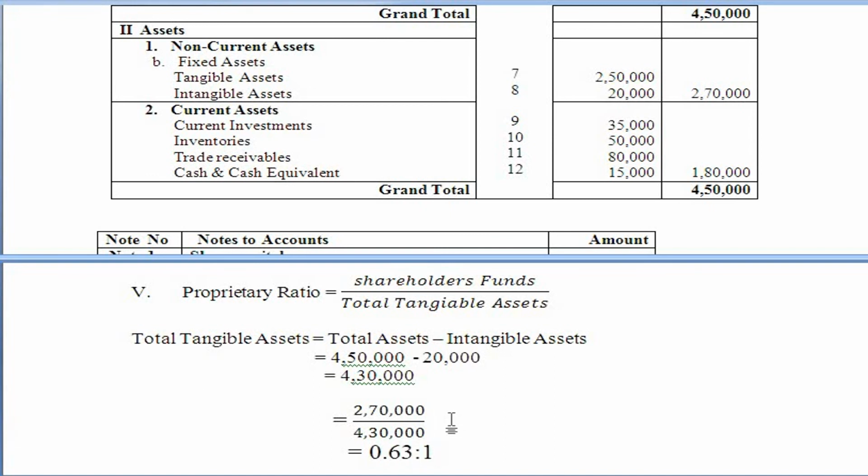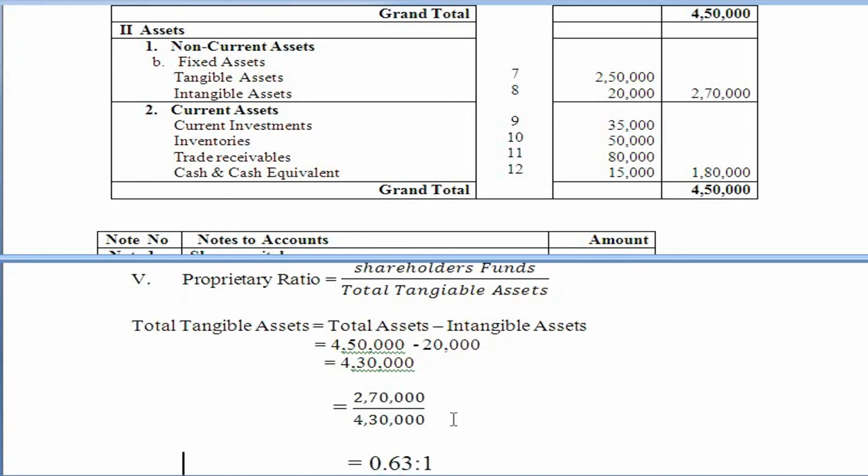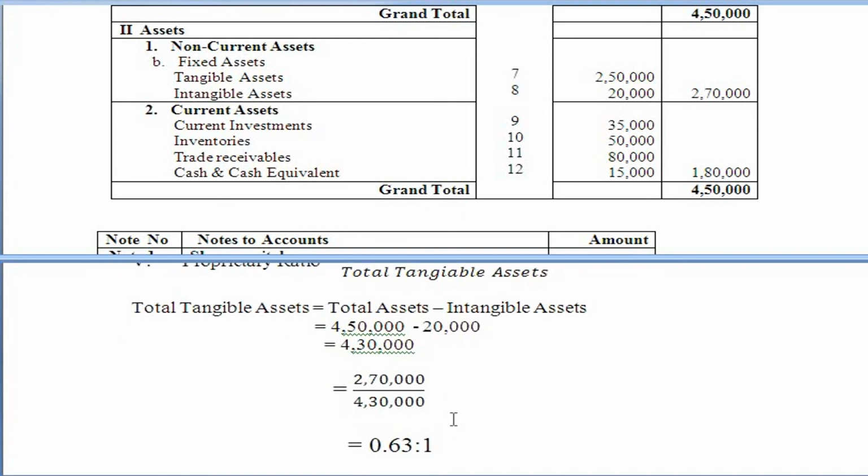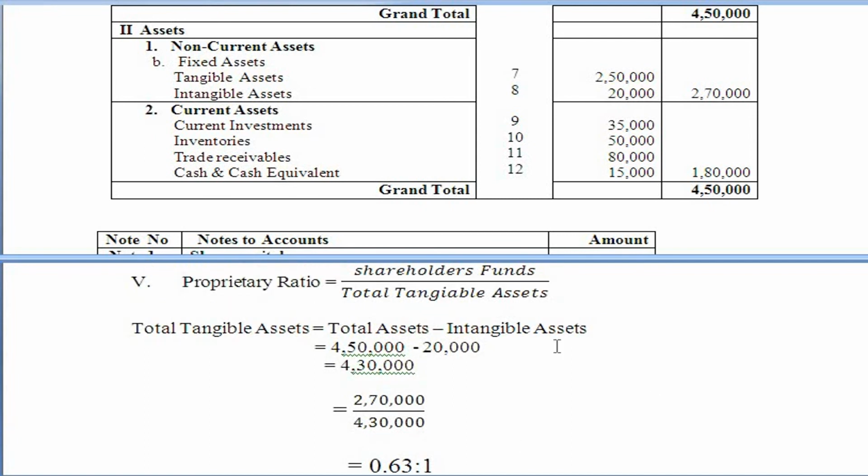Understood? This is the answer of proprietary ratio, that is the amount of shareholders funds invested in the tangible asset. This ratio will give the explanation of how much amount of shareholders funds is invested in tangible assets. So it is 0.63:1.